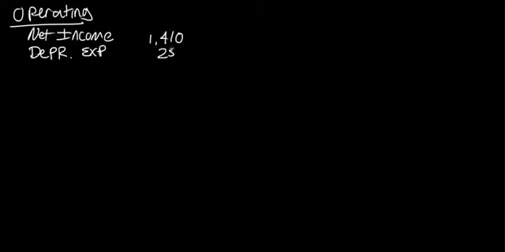I am then going to look at all the changes in my asset accounts. Primarily, remember, operating is short-term assets and short-term liabilities. And on the asset side, it's always beginning minus ending, and on the liability side, it's ending minus beginning.